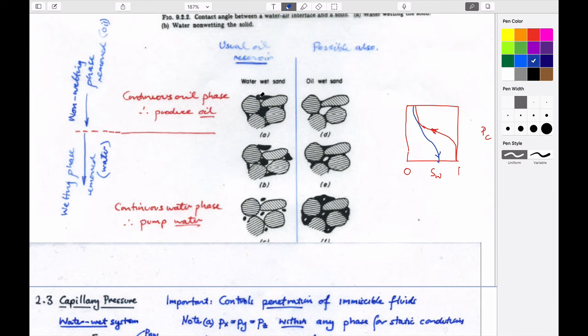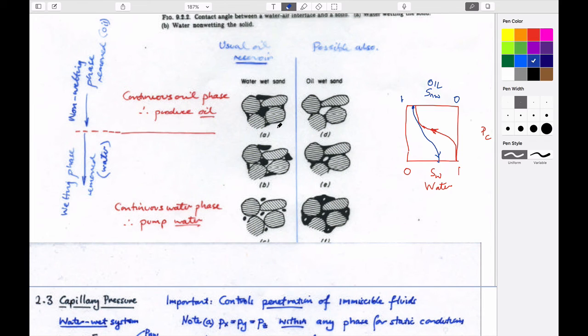It's almost 100% oil saturated, so we're up here somewhere, right? So this would be the non-wetting. This would be oil. So this is 100% to 0. This is water.